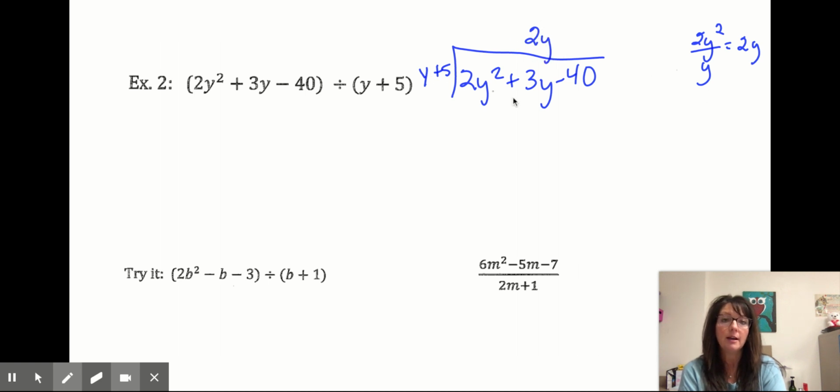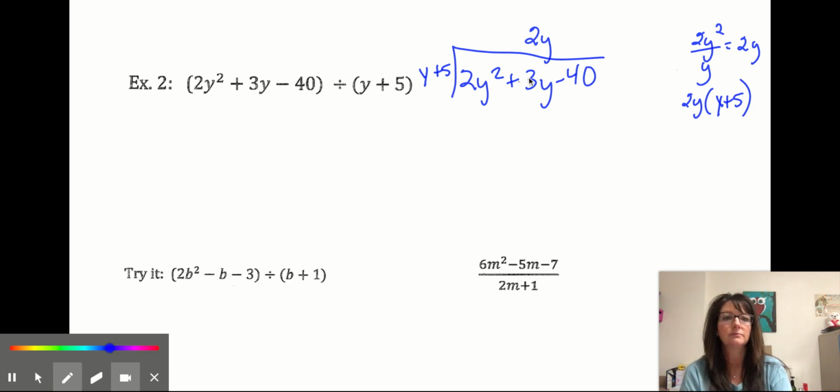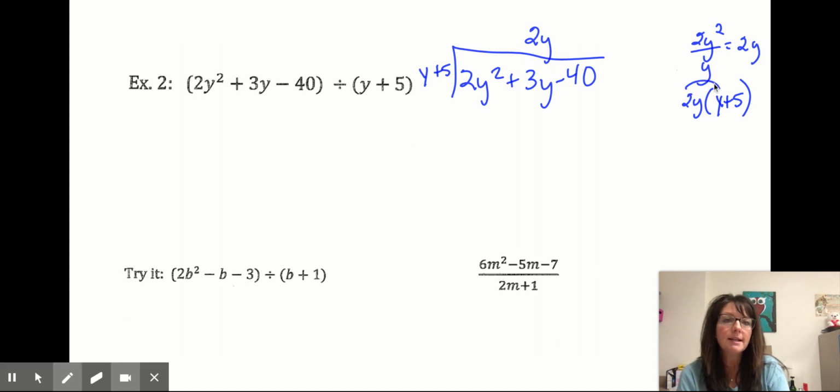Then 2y times my y plus 5. Okay? All right, so I'm taking 2y times y and 2y times 5. So 2y times 5 is going to give me 10y, and 2y times y is this 2y squared, right?